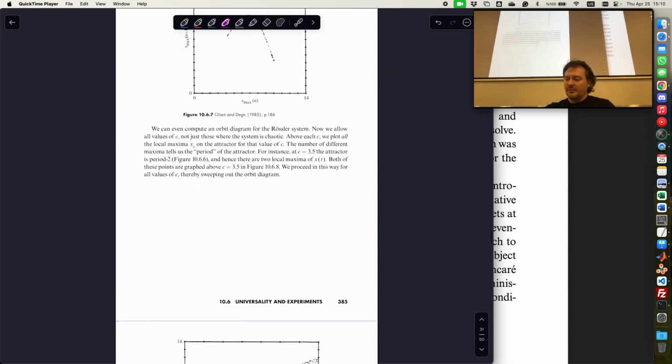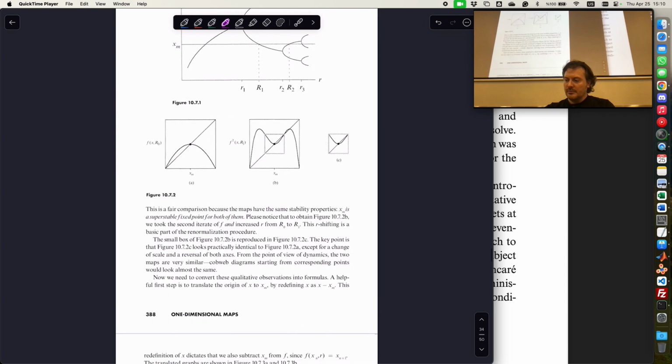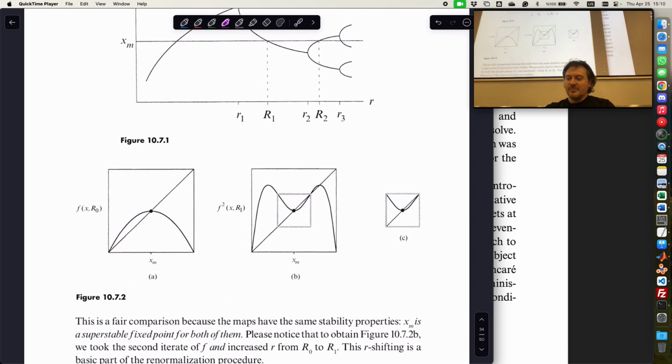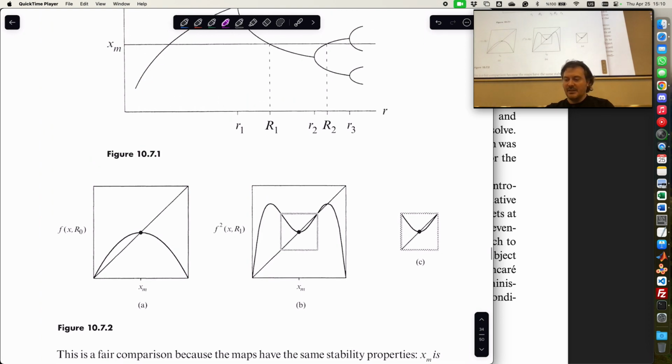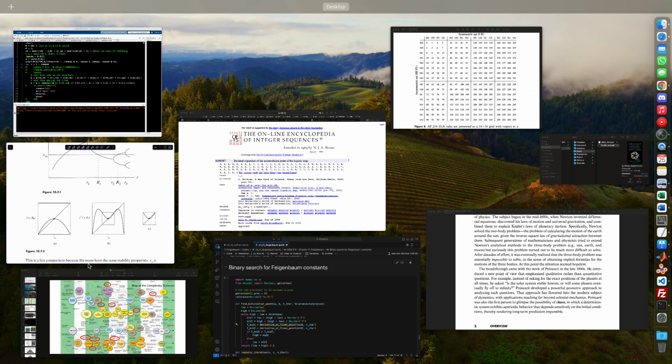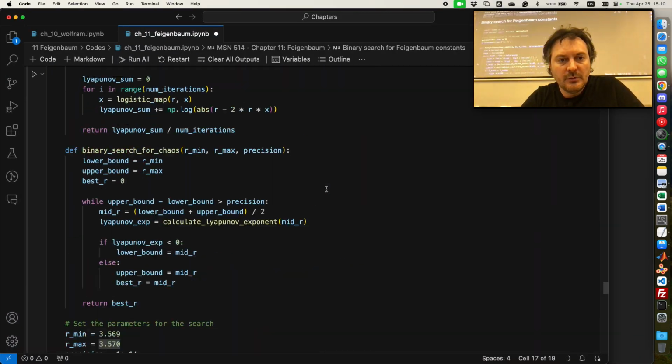Renormalization is super, super cool. Let's see it. Let's see it. So what Feigenbaum realized is that, let me go to here. Let me go back.